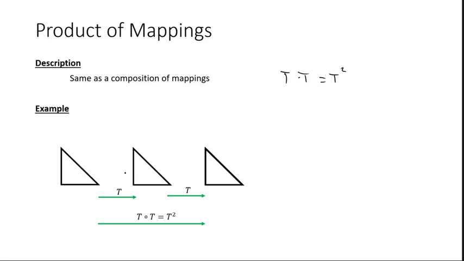If you compose a translation with another translation of the same amount, we call that T squared. It's very similar, except instead of a closed circle, like a raised dot, it's going to be an open circle right here to indicate a composition of mappings. So the notation is the same: T squared indicates that we have two translations back to back.